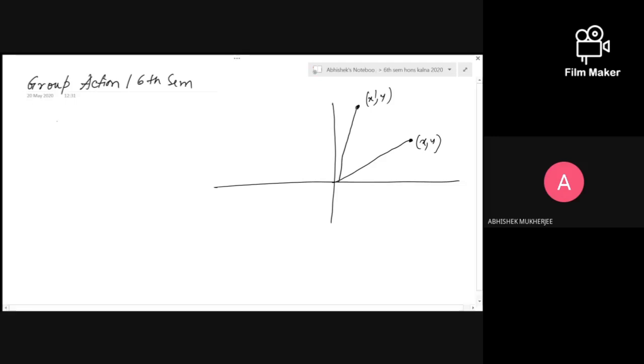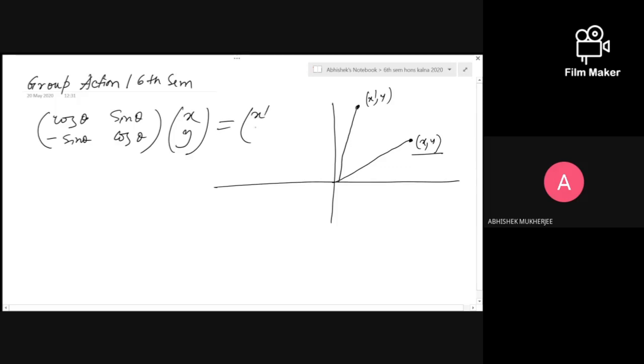That is, if you have a rotation matrix, cos theta sin theta minus sin theta cos theta, and we regard this point as a column vector, xy goes to x dash y dash.